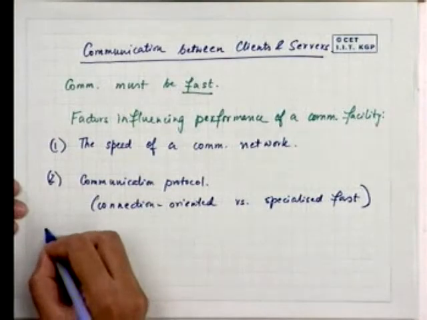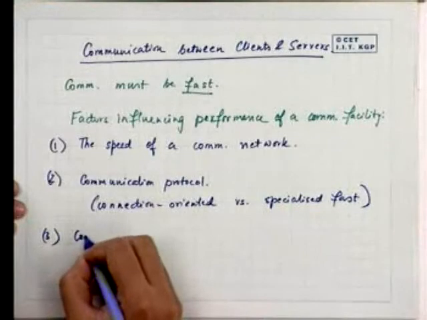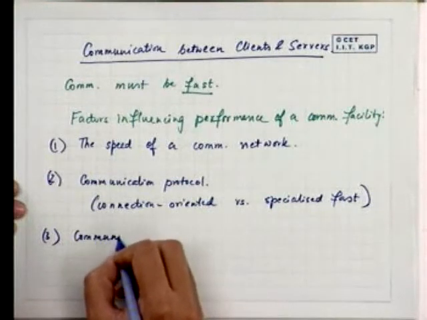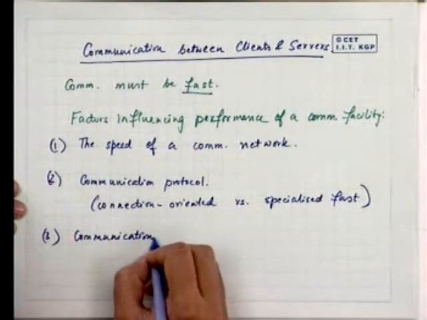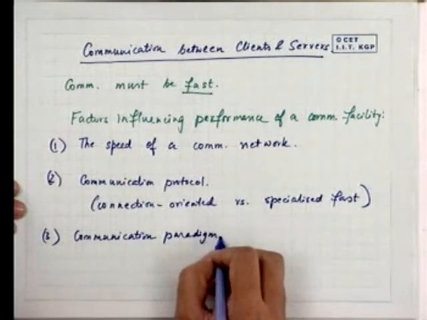Thirdly, the communication paradigm is important. The communication paradigm, or the communication model, supports the cooperation between clients and servers, and then OS support is provided to deal with the cooperation.